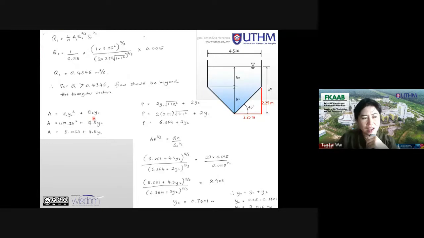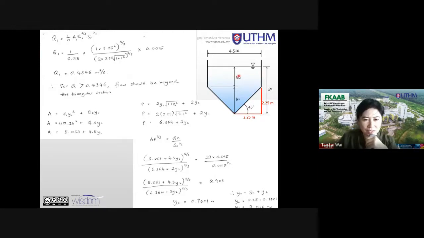Then I have my rectangular flow area here. So this is my formula in terms of Y2. Then my wetted perimeter, of course, I'll include the triangular as well as the rectangular section.